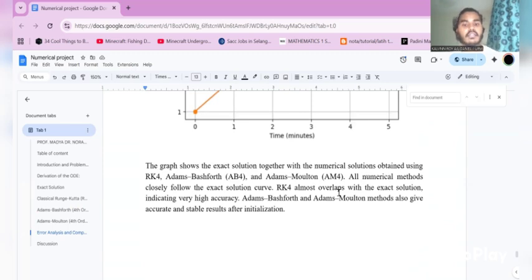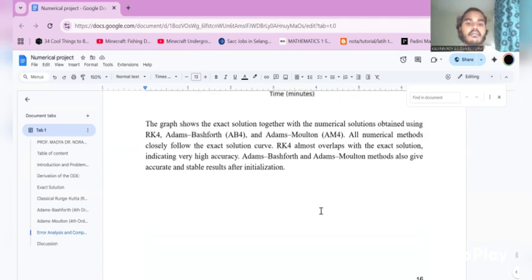Here you can notice that RK4 almost overlaps with the exact solution, meaning that it's very accurate to implement RK4 because it's very similar to the exact solution, or in this case, the exact amount of salt that's present in the tank. So we don't really get much error whenever we do RK4, which makes it a very accurate, very reliable way to measure what is there.